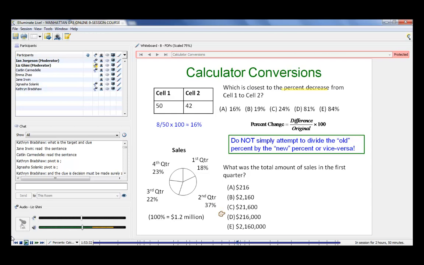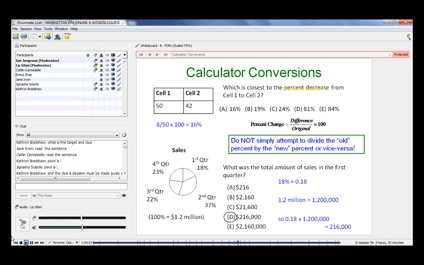The thing is, though, what was the total amount of sales in the first quarter? First quarter is 18%. You have to go and find that the total amount of sales was 1.2 million. You could punch into your calculator 0.18 times 1.2 million and get your 216,000.